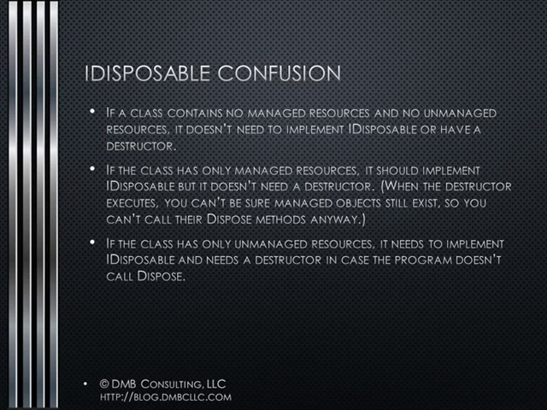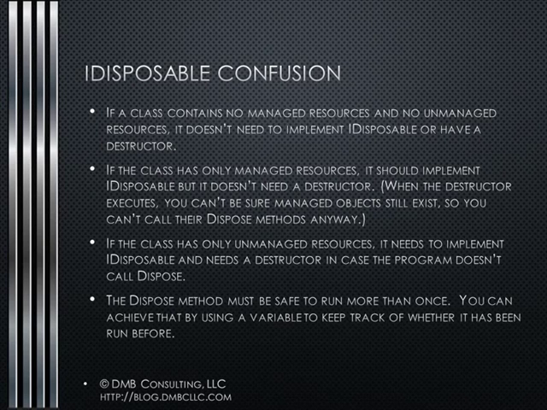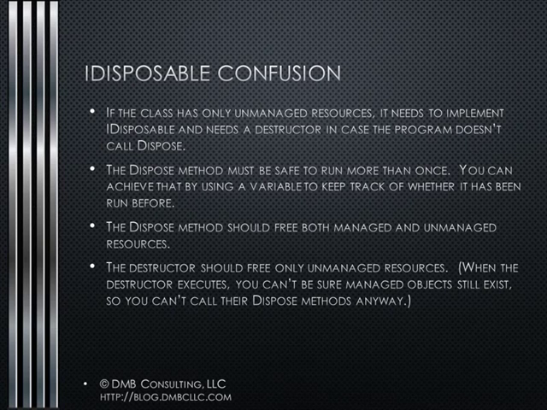3. If the class has only unmanaged resources, it needs to implement IDisposable and needs a destructor in case the program doesn't call dispose. The dispose method must be safe to run more than once. You can achieve that by using a variable to keep track of whether it has been run before. The dispose method should free both unmanaged and managed resources.